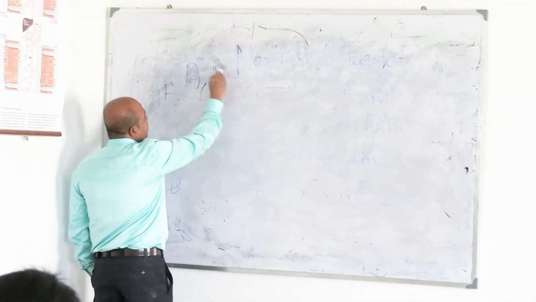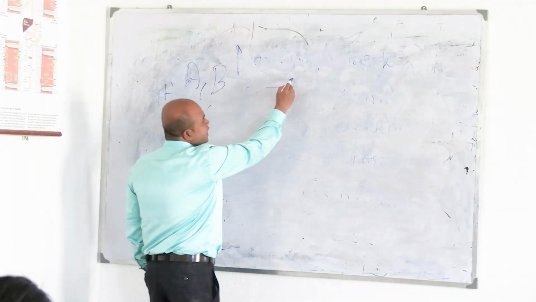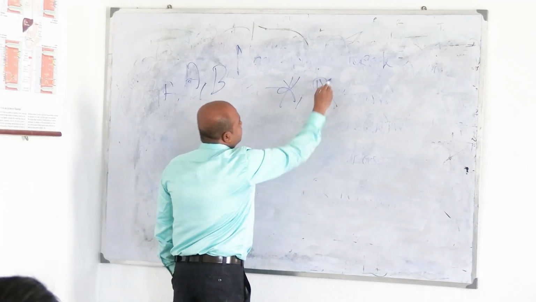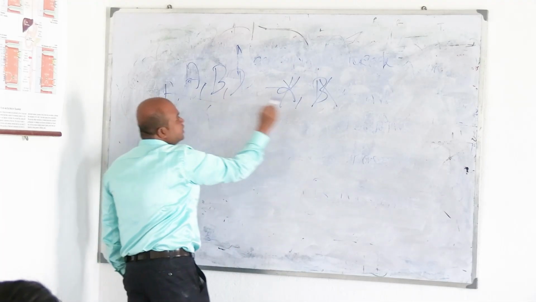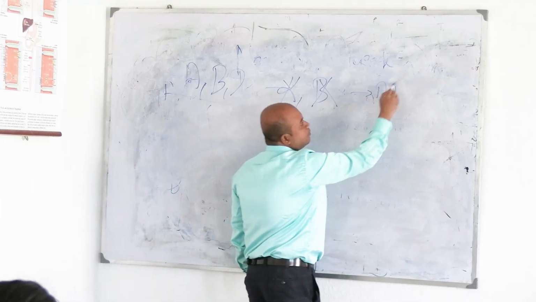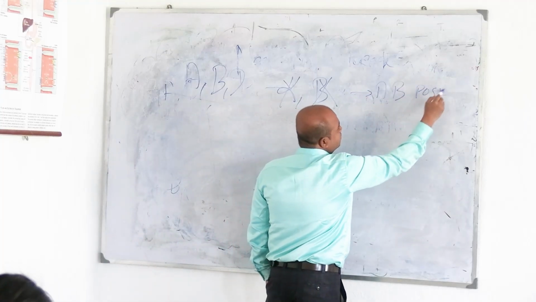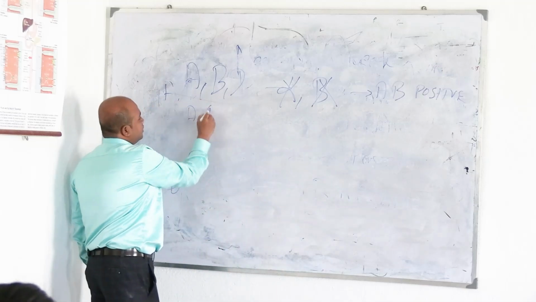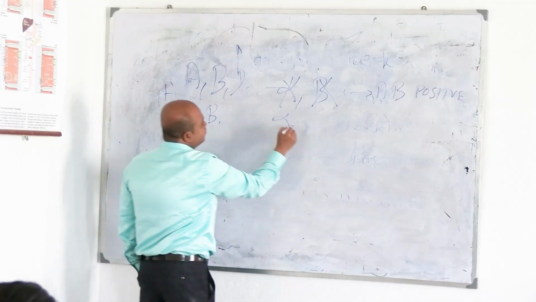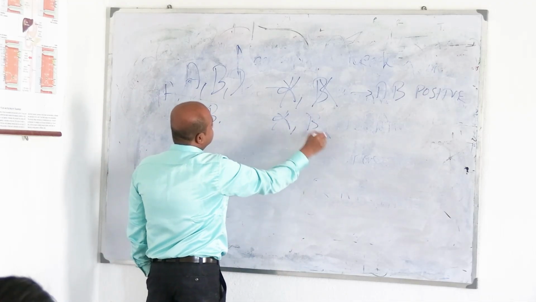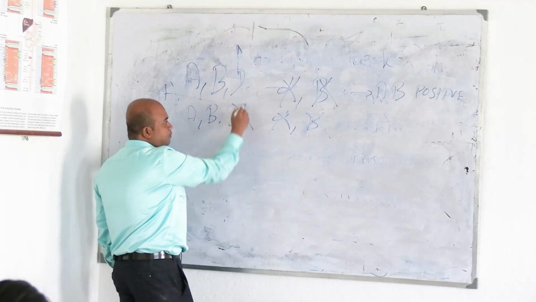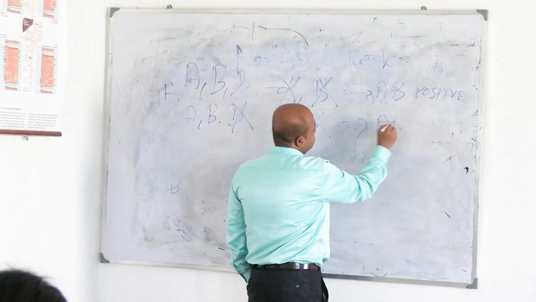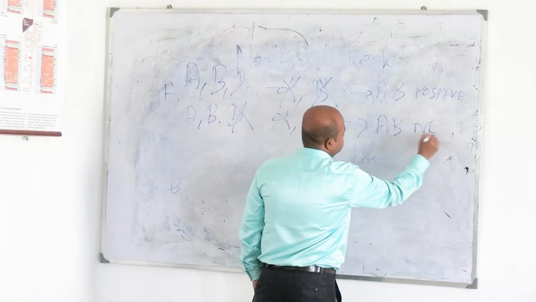Likewise, if A and B are both present, then none of the antibodies will be present. And if D is present, the blood type is AB positive. If AB is present, alpha and beta won't be present, and if D is not present, then AB negative.